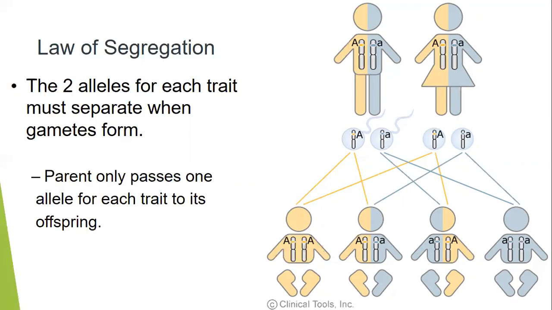And so when the actual meiosis occurs and we end up with those 4 haploid cells, one of the alleles is going to be in sperm A, and one of them is going to be in sperm B. Same thing with the egg. One allele is going to be found in egg A, and one of the alleles is going to be found in egg B. So if you have a heterozygous parent, as both of these parents are, that child could be receiving capital A or lowercase a from the sperm.